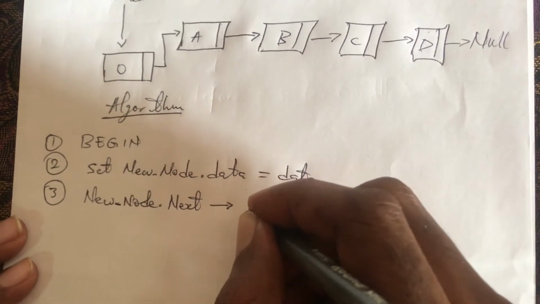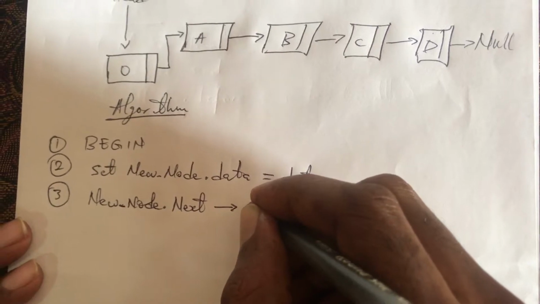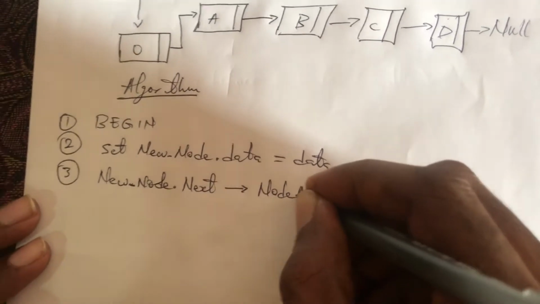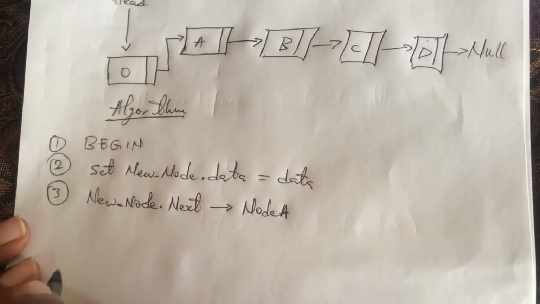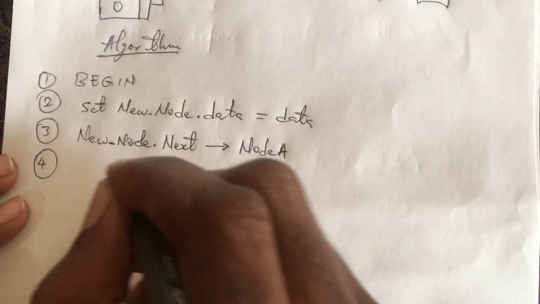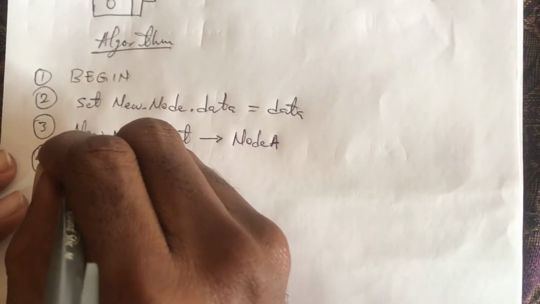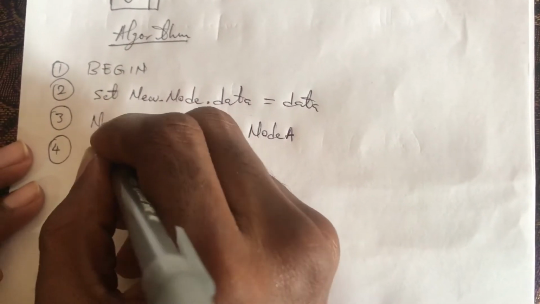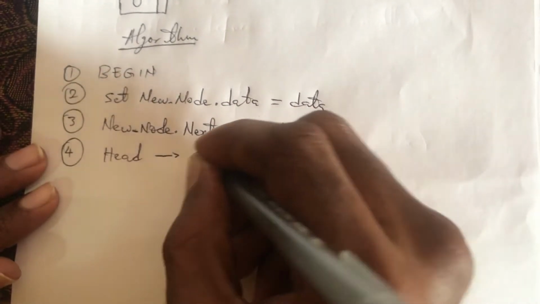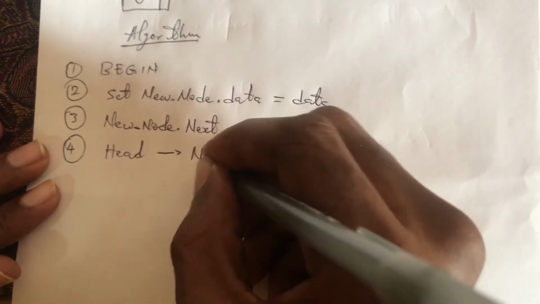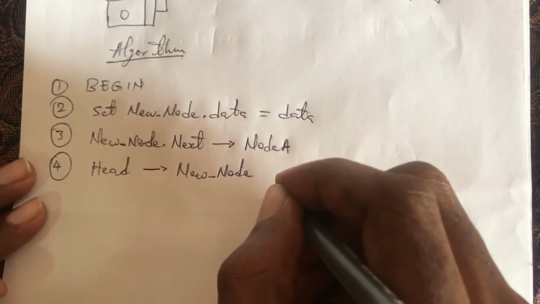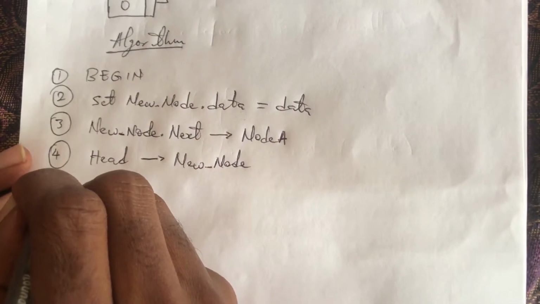It points to node A. Then the 4th one: make head new node. Then that's all.